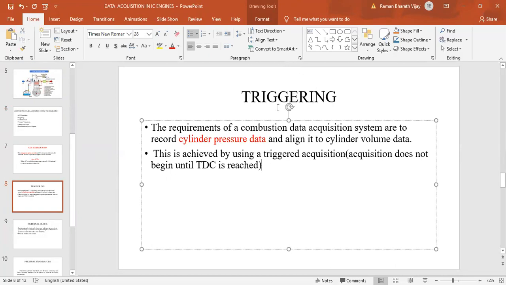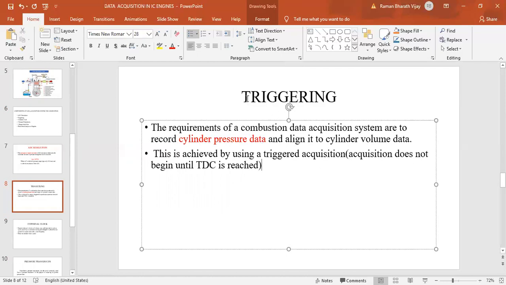This triggering acquisition is used if I want to record the cylinder pressure data. I have given 2 points, you can read this point. The requirements of a combustion data acquisition system are to record cylinder pressure data, and it has to be aligned with cylinder volume data. This can be achieved only by triggering acquisition.